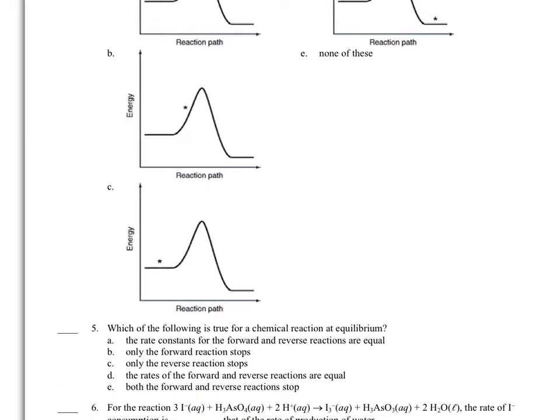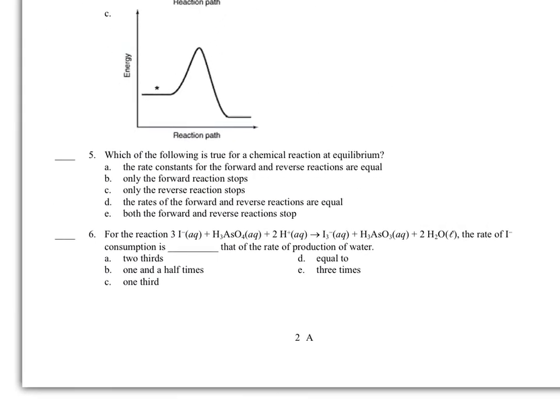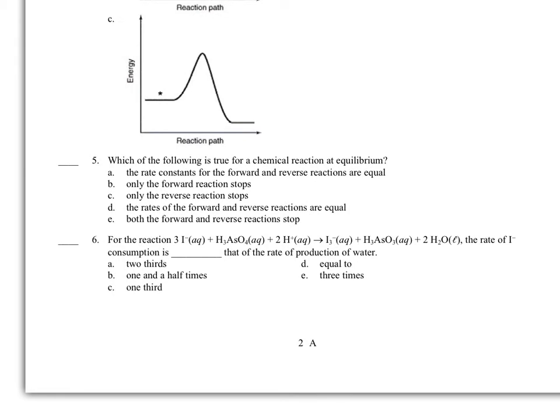Moving on to question 5, which of the following is true for a chemical reaction at equilibrium? It's again asking about equilibrium, and when equilibrium is happening, we have concentrations that are not changing.